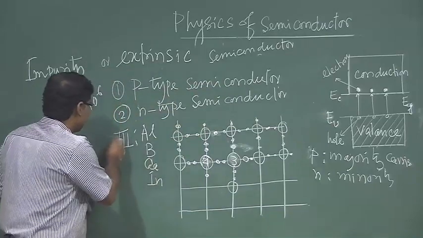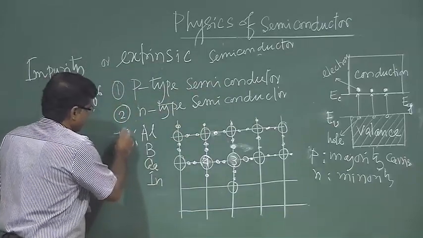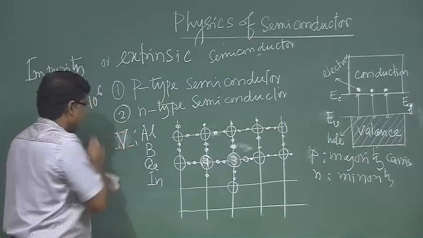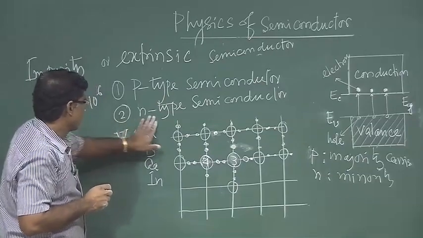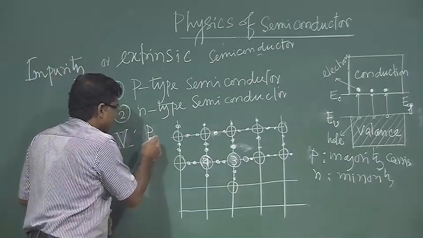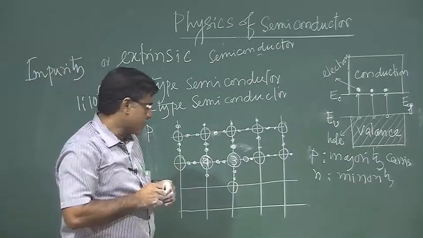If you dope with a group 5 element, what is that?